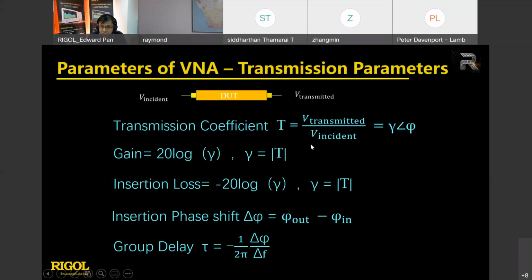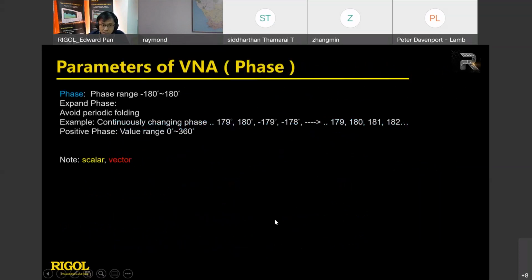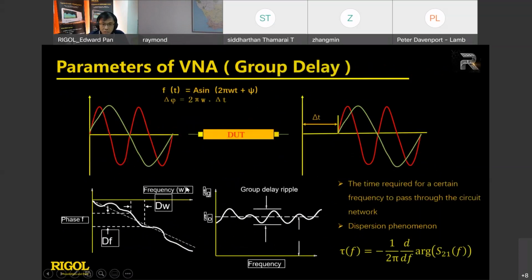The other is the transmission coefficient, that means you can get S21 or S12. It is very similar to the S11, S22 calculation. Besides that, it has phase information and group delay information as well. The group delay definition is like this, versus frequency and wave number.